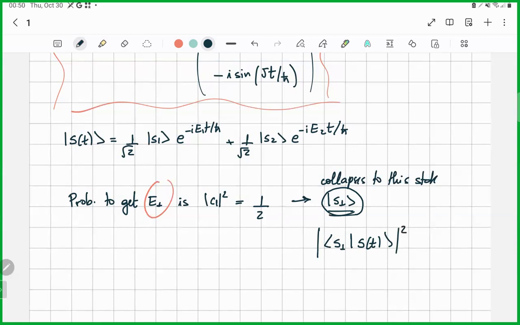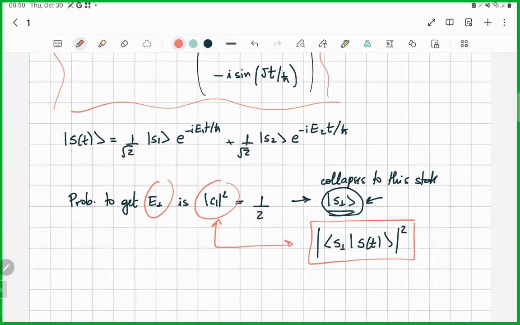Okay, so the probability that if I measure my system and get this state S1 is given by this expression. And you can check. This is the same thing as C1 square.